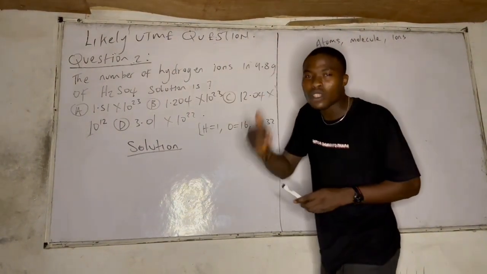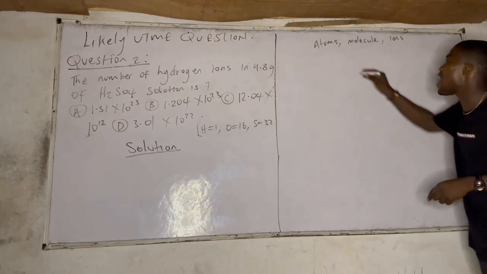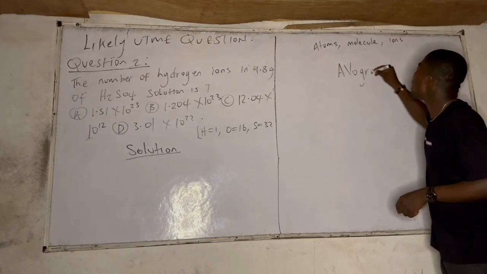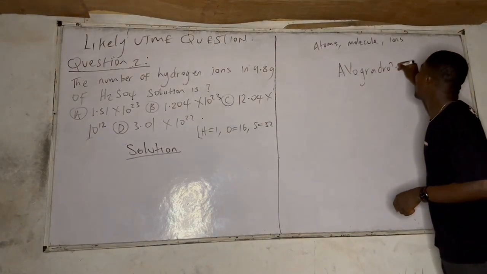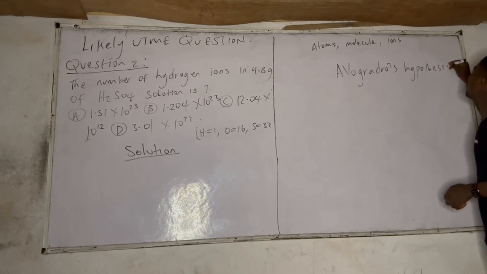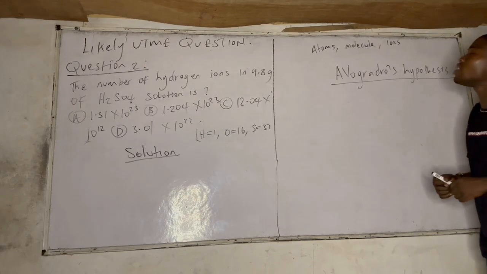Once you see a question that asks you to calculate the number of ions, or calculate the number of atoms, that question is from Avogadro's hypothesis. Now what did Avogadro's hypothesis say?